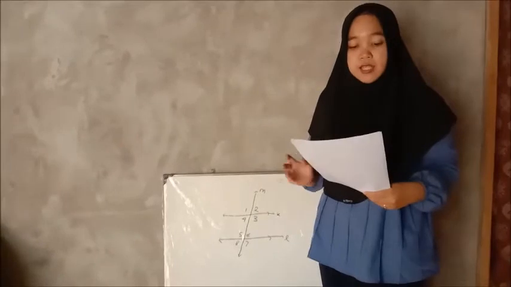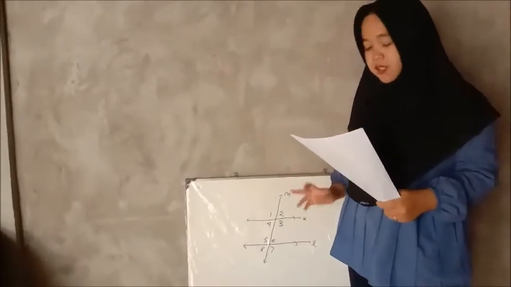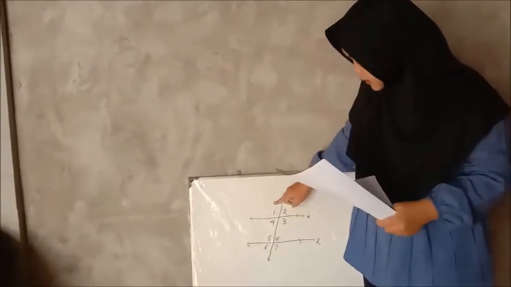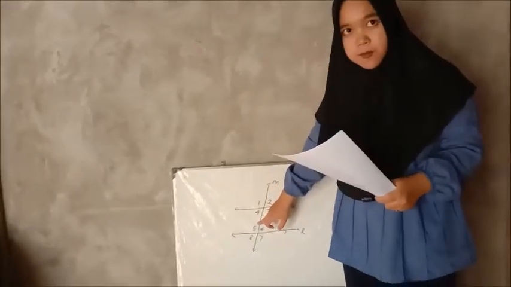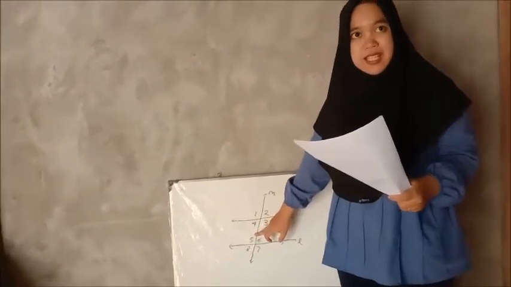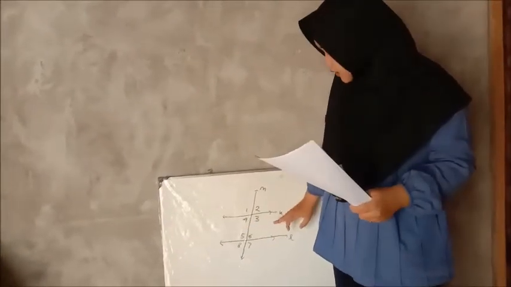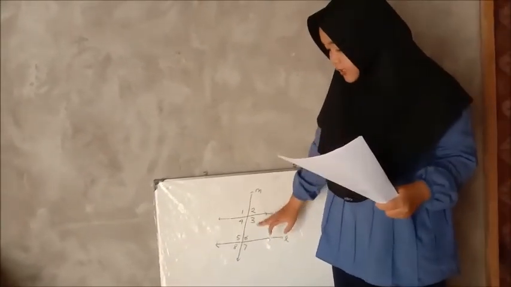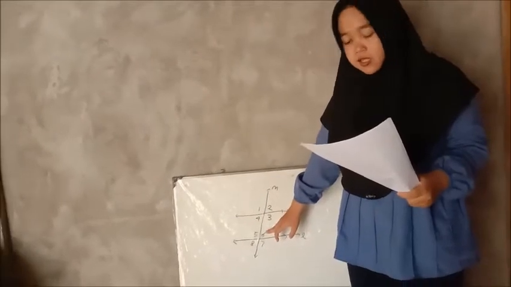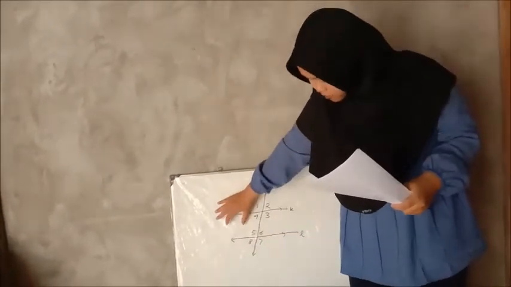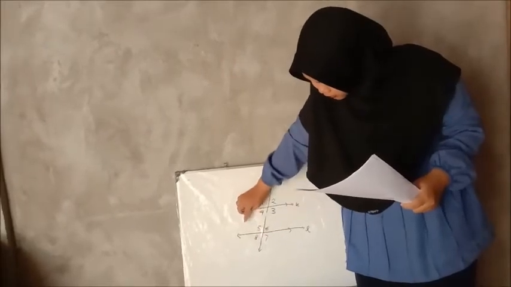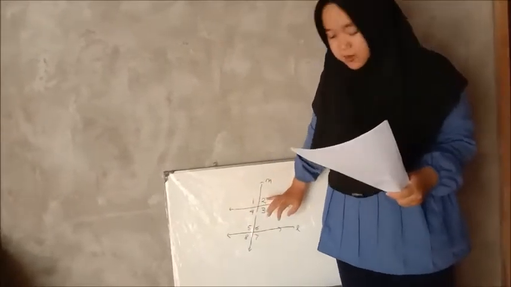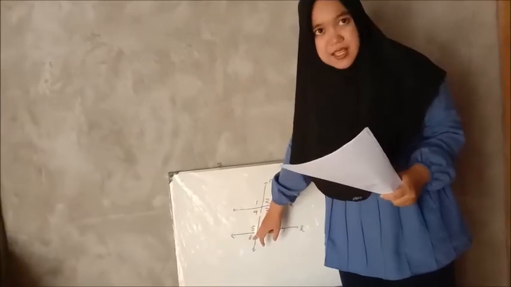Then about corresponding angle, or we also say sudut sehadap. At corresponding angle is the angle 1, then the angle 5. It is corresponding angle. Then the angle 2 and 6. Then angle 4 and 8.